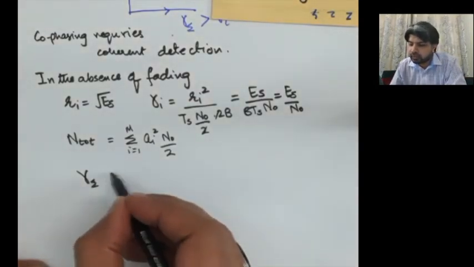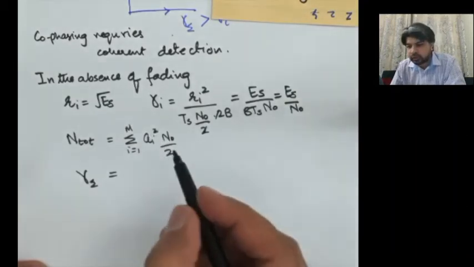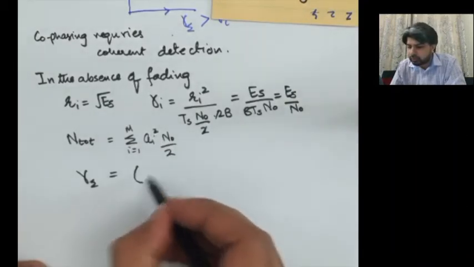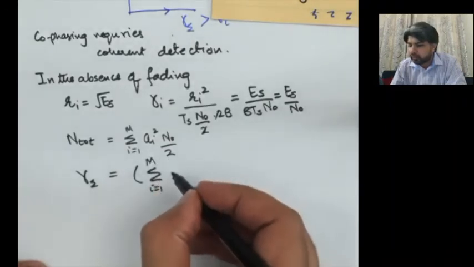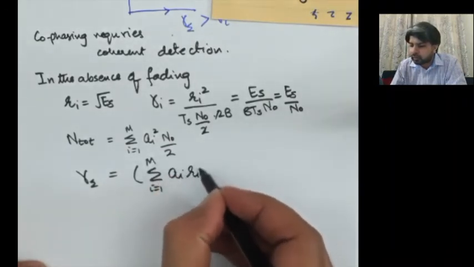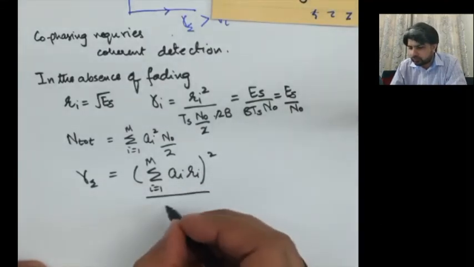So this gamma sigma would be equal to Es total over N0, which is the summation i equals 1 to capital M of a_i times R_i, whole squared, divided by N total.